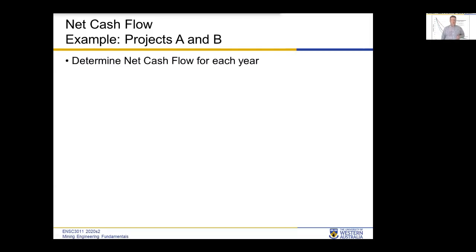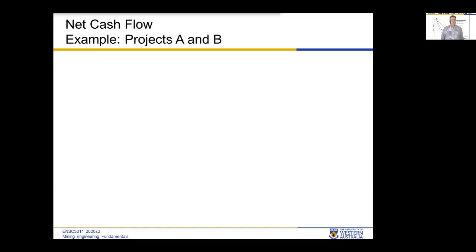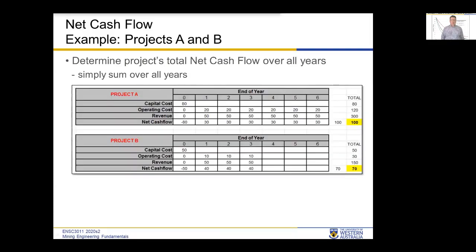Let's look at the cash flow for each year. Quite simply, we just add up the numbers in a year. So we've got minus 80 in year 0, year 1, we get plus 30, and so on. So pretty simple. And then if we add all those together, we get 100.